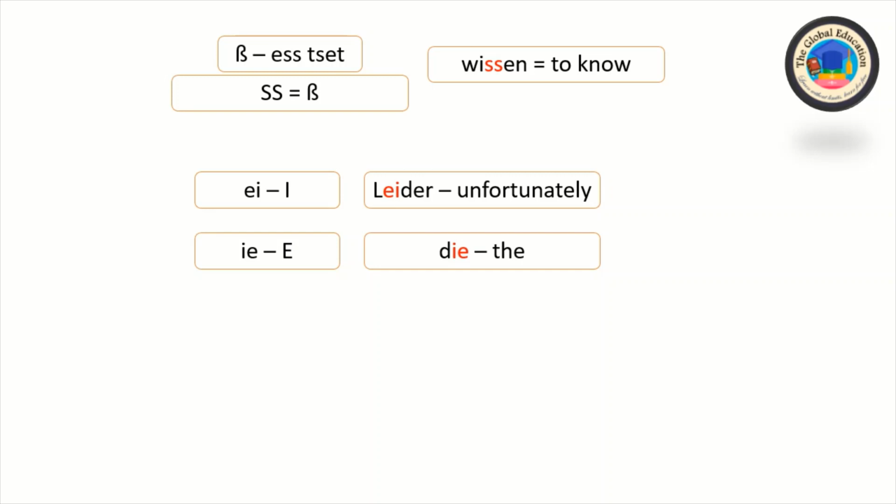IE means E, for example die, the article. EU is pronounced oye, as in neu, which means new.